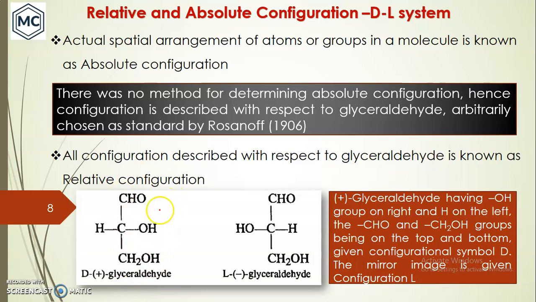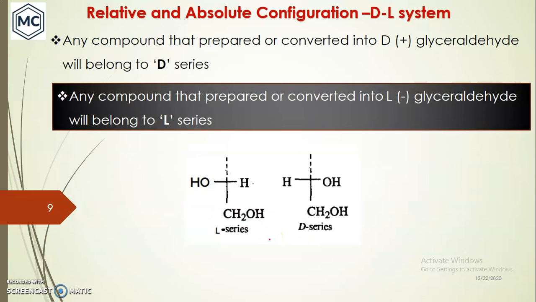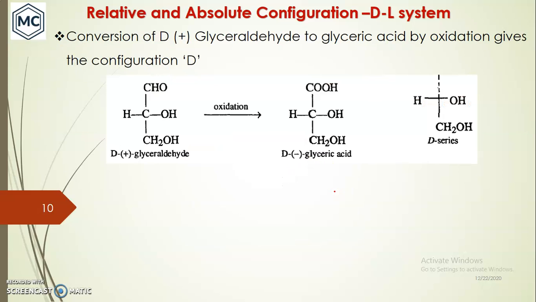And he has given for this structure the symbol D. And its mirror image he has given the configuration L. Any compound that is prepared from or converted into D-glyceraldehyde will belong to the D series, and any compound that is prepared from or converted into L-glyceraldehyde will belong to the L series. So OH on the left with CH2OH, this structure will belong to the L series, and OH on the right and H here, CH2OH will belong to the D series.